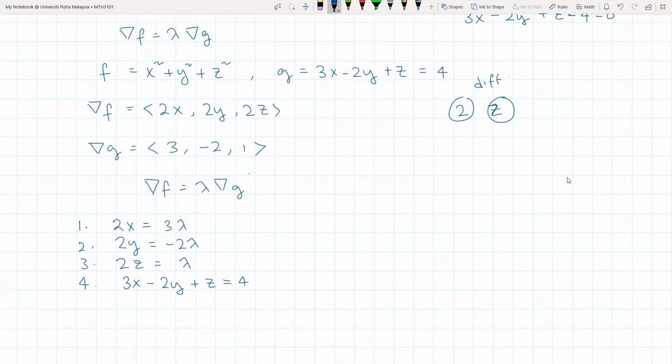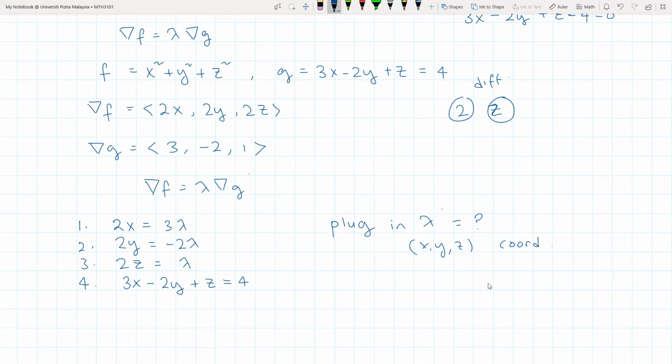Okay, I don't want to solve this here, but plug in lambda, then you can find lambda equals something, and then you can also get the x, y, and z coordinates. And that is the extremum.